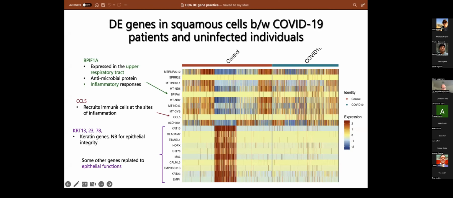It's not very distinct, but if you look at CCL5, more people are expressing CCL5 amongst COVID-19 patients. And this gene is also something to do with inflammatory response. Okay, that's it.